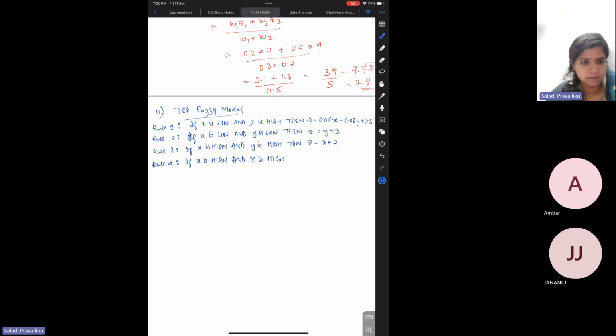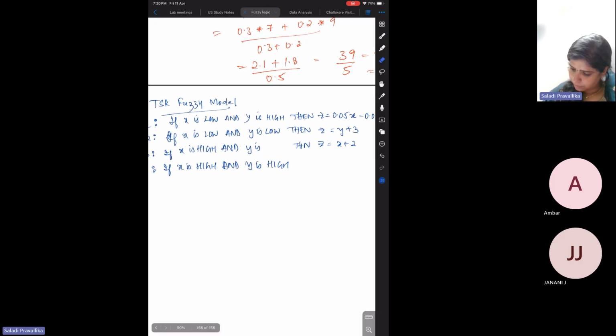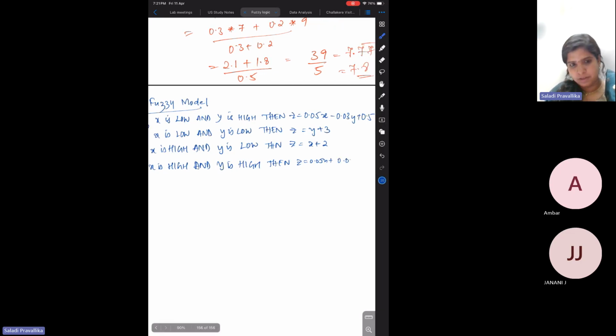Oh, 1 second. I made a mistake somewhere. Low, low, high, high, high, low. This should be low. Then z equals 0.05x plus 0.02y.